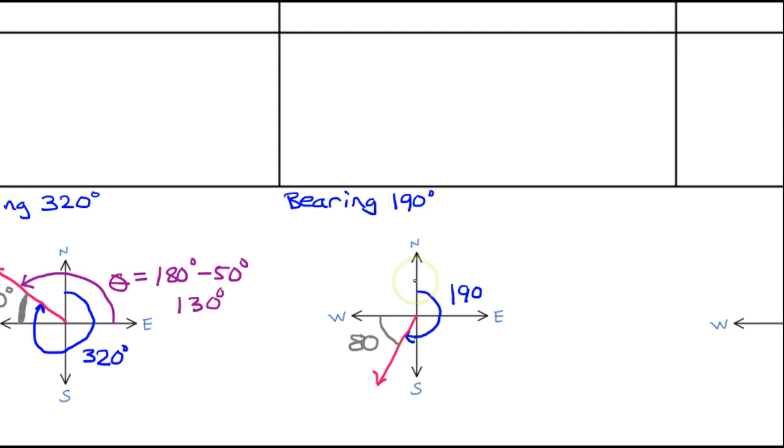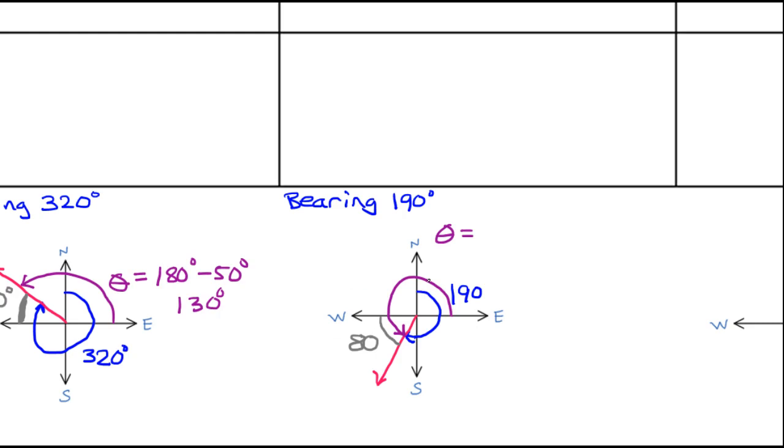So again, the angle we need for the chart will be measured from the positive x-axis. So we need the angle that's measured this way. And we can use the reference angle to figure out what this is. We will call this angle theta.